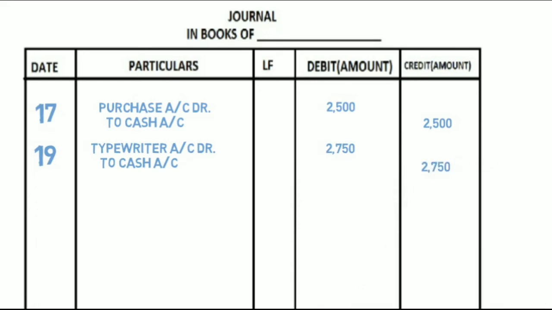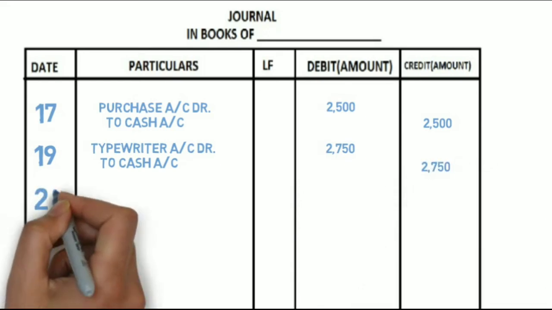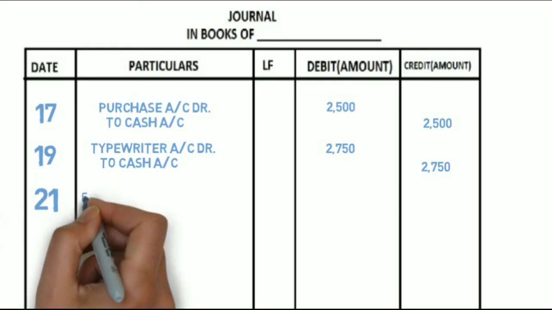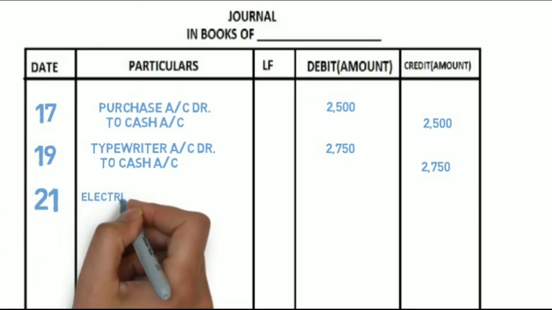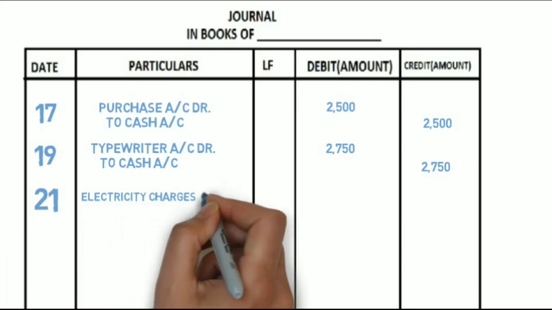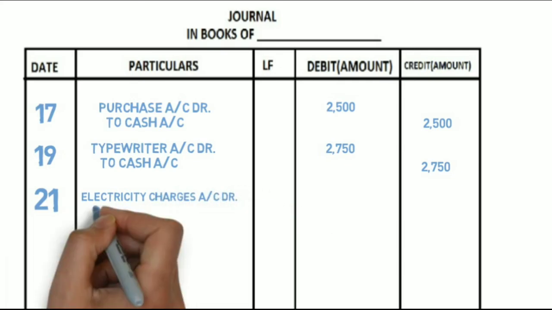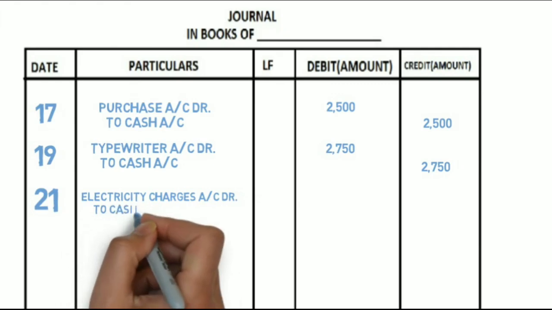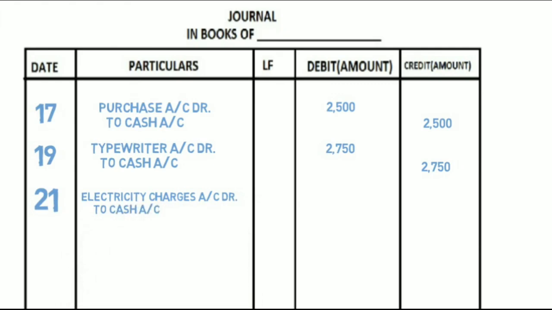2750. And on 21st paid electricity charges 140. So electricity charge, an expense, has been increased and cash, an asset, has been decreased, so electricity charges account debit to cash account 140. And on 23rd paid into bank 5000.